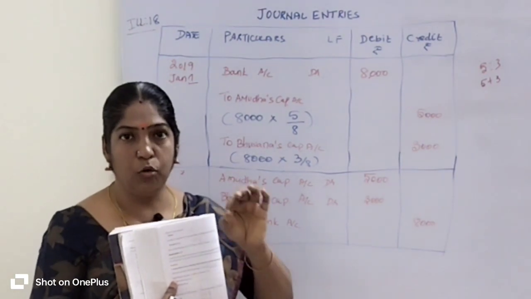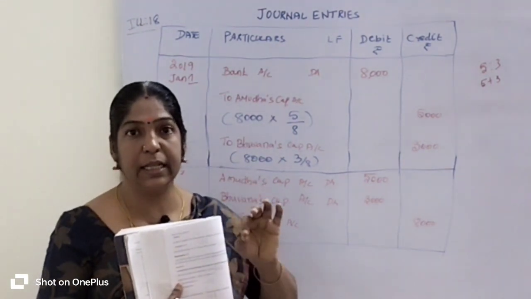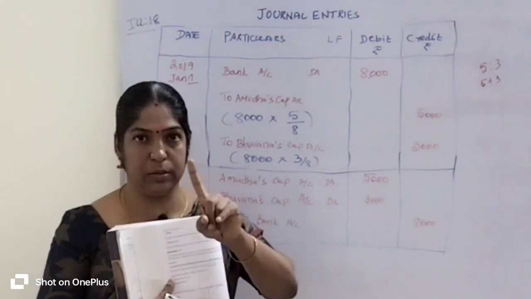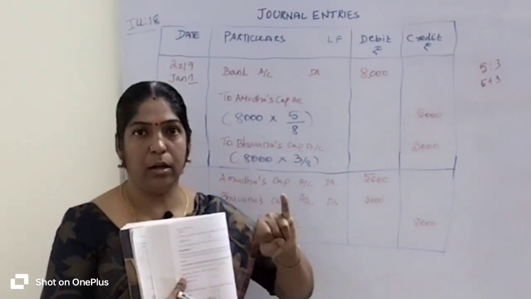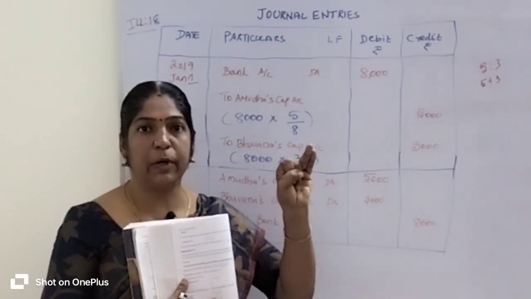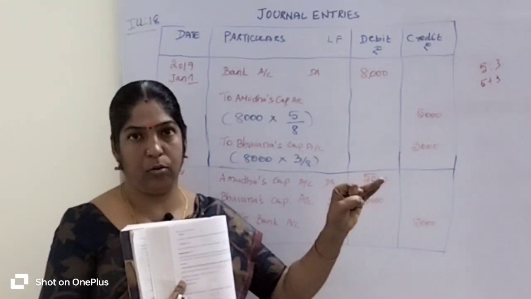So whenever the new partner brings cash in the name of goodwill, the first entry is cash account or bank account debit to the respective old partners' capital accounts.